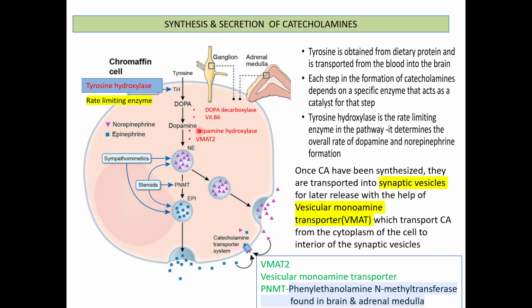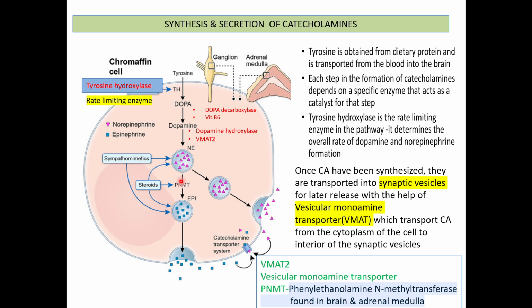Then this dopamine is converted into norepinephrine in the presence of dopamine hydroxylase, and this norepinephrine is then segregated inside the vesicles with the help of vesicular monoamine transporter, VMAT. They transport the formed norepinephrine inside the synaptic vesicles.